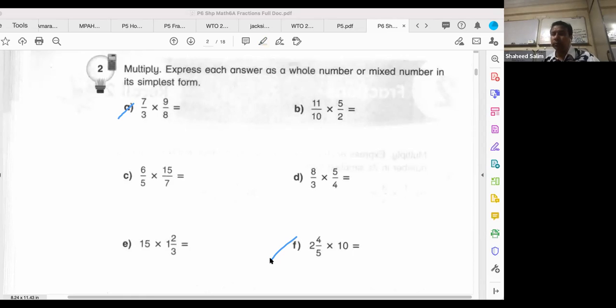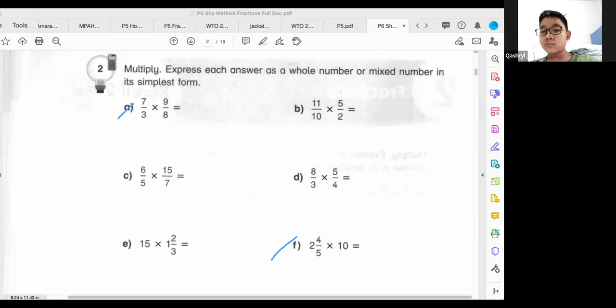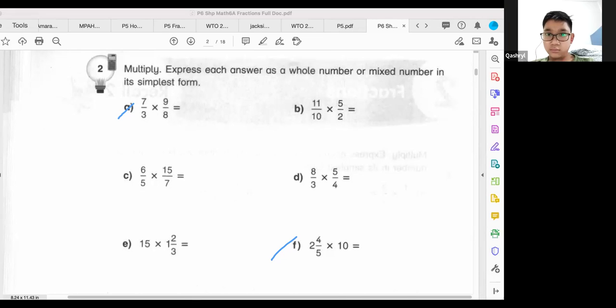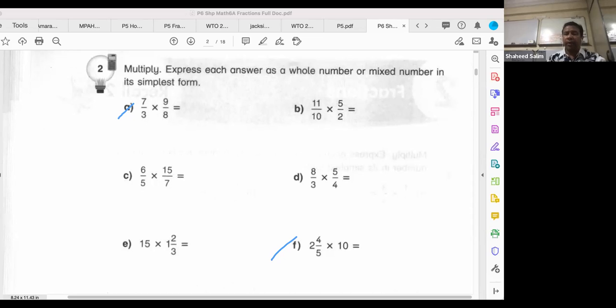Well done, Riaz. Well done, Riaz. I think almost very correct earlier on. Husna, Shafika, Shafia, you have to make it a mixed number. Hilwa, Iman, you have to check question A. Okay, Riaz, let's see.